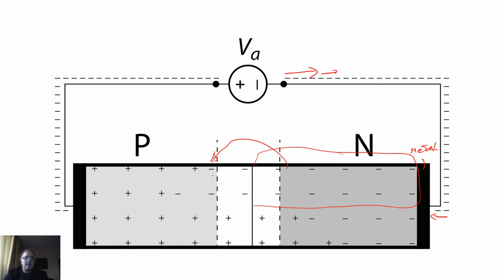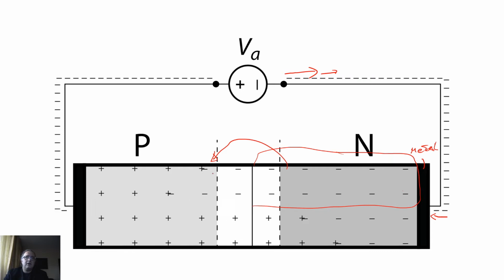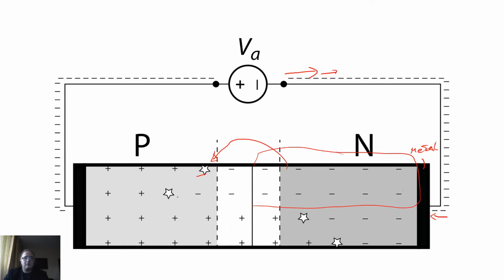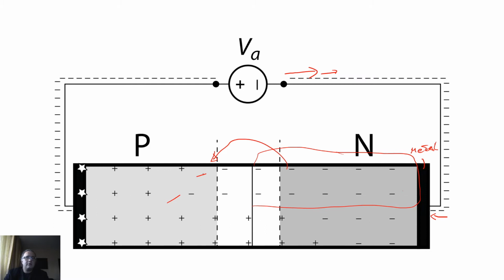As they enter here the P region, now they are minority carriers, and the chances that they meet holes and recombine are very high. So here you see that this annihilation of hole and electron pair is illustrated. So in this place, actually the electron is exchanged for a hole.